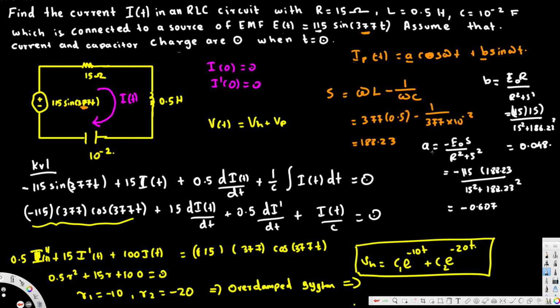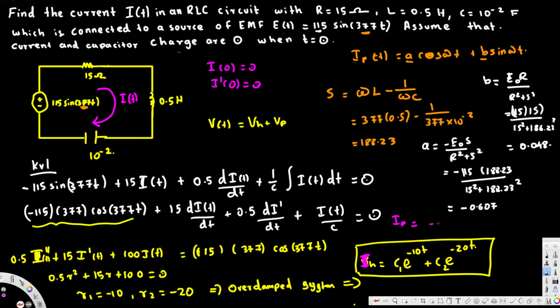Now we have the A value and the B value, so we can write our particular solution. The particular solution for this differential equation, let's call this one IP. This one should be IH, right? We are finding current, so this one should be IH, and IP is going to be A cos omega t.